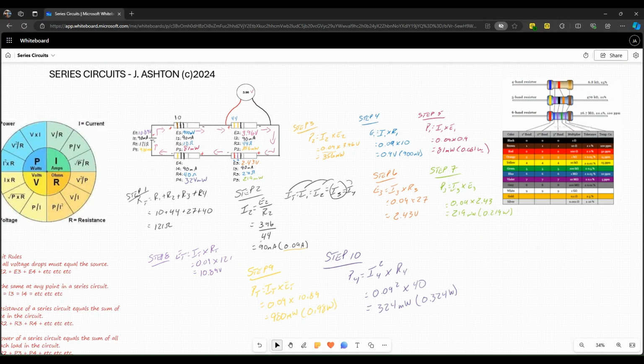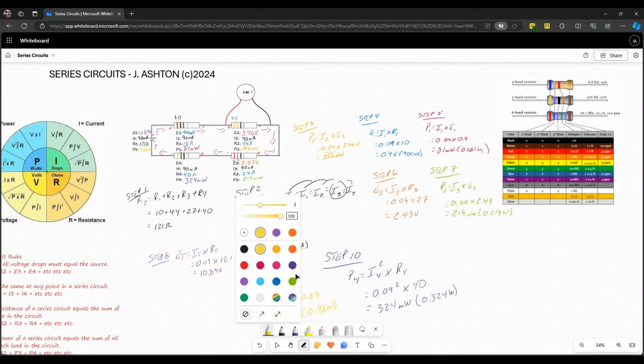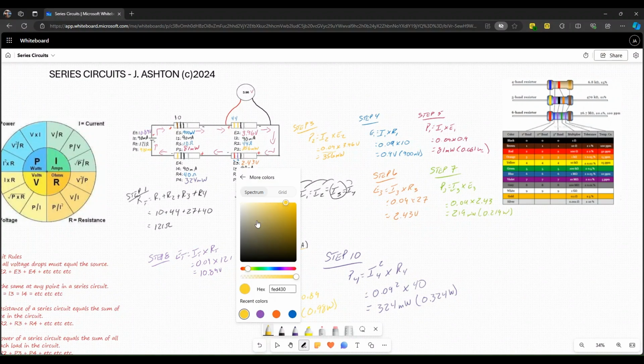Now, I wanted to leave this for a purpose. Series circuit rule says the total voltage equals the sum of all voltage drops. In this case we know the total voltage, and we know all the voltage drops except one of them in the circuit. That's okay, we can just do this then. Let's pick some other color here that's never been used.